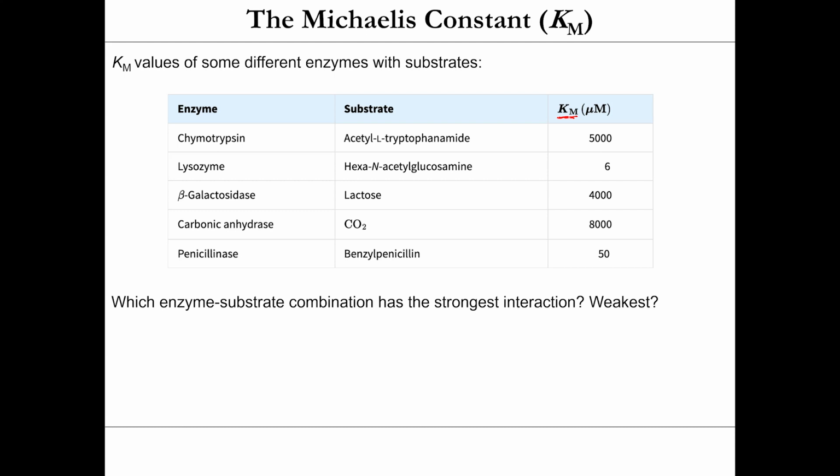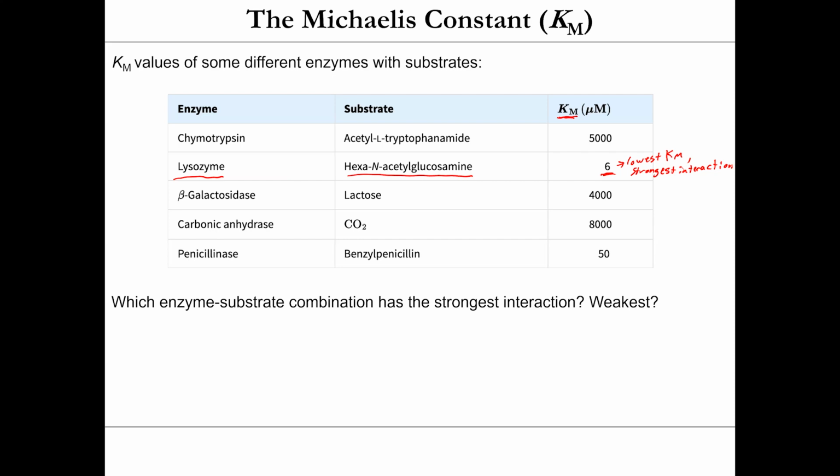So in these enzymes, lysozyme's interaction with hexa-N-acetylglucosamine has the lowest Km of only 6 micromolar. And so for that interaction between lysozyme and hexa-N-acetylglucosamine, you only need 6 micromolar of substrate for the reaction to get to half its maximal velocity.